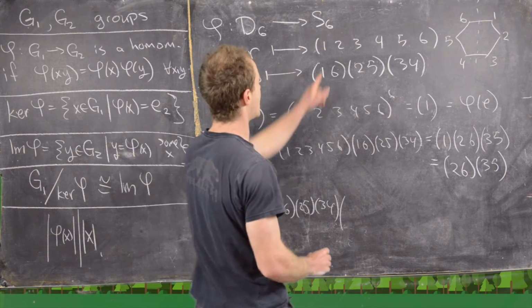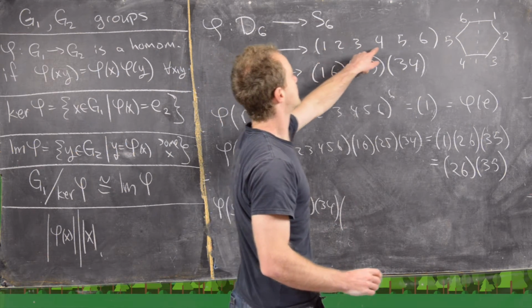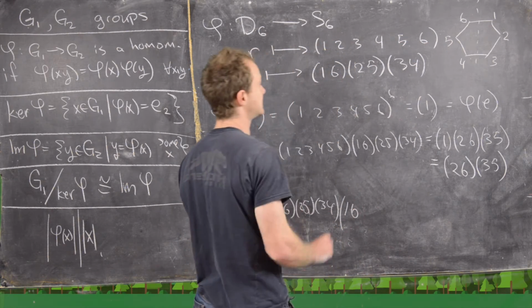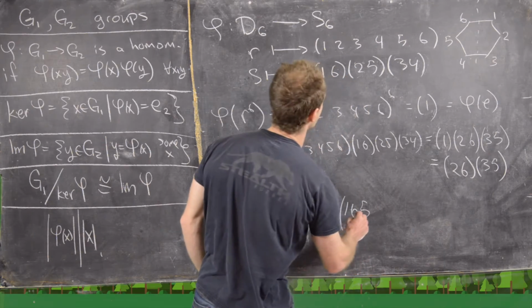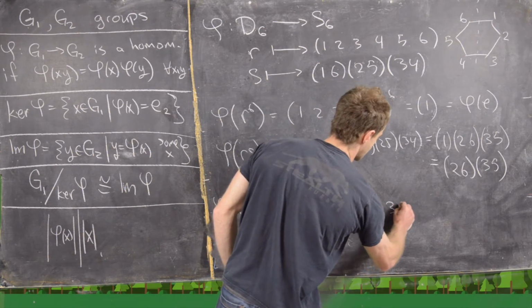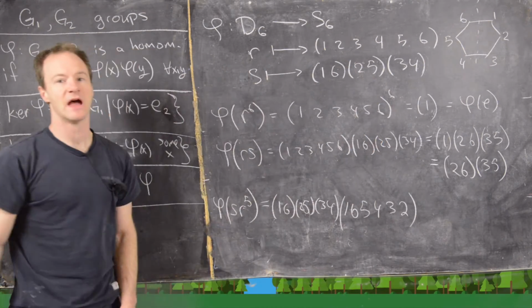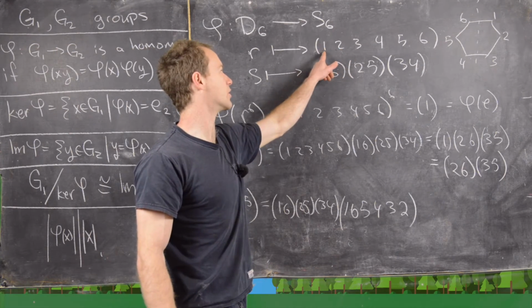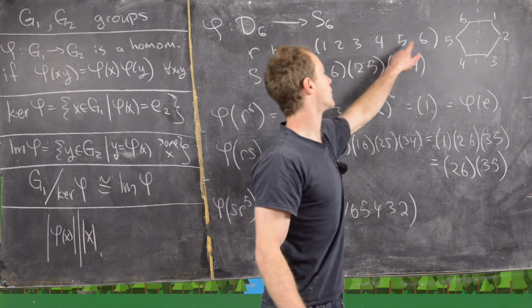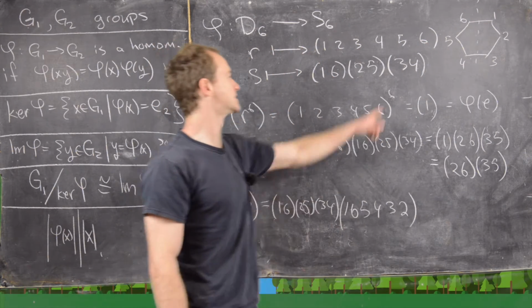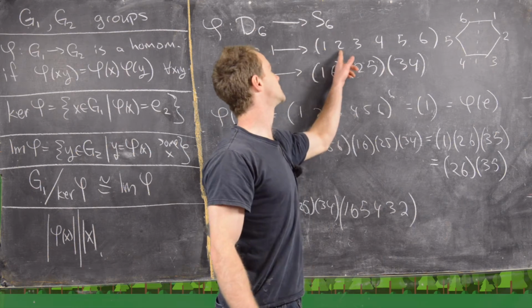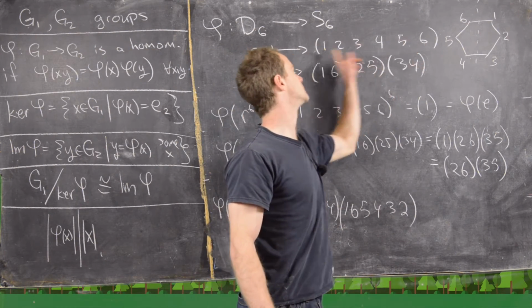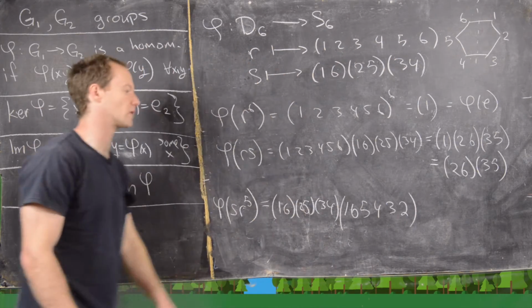Instead of going 1 to 2, we go 1, 2, 3, 4, 5, so 1 goes to 6. Then starting at 6, we go 1, 2, 3, 4, 5, so that goes to 5. And then starting at 5, we go 1, 2, 3, 4, 5, so that goes to 4.